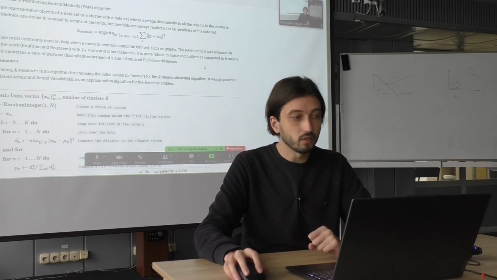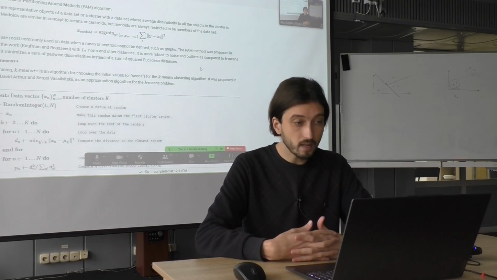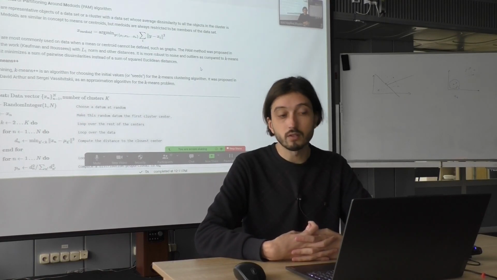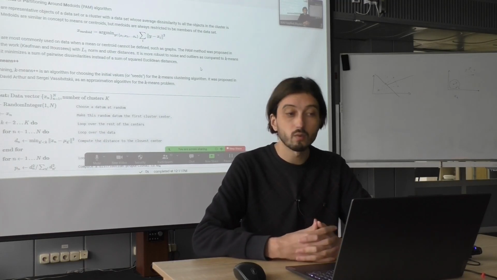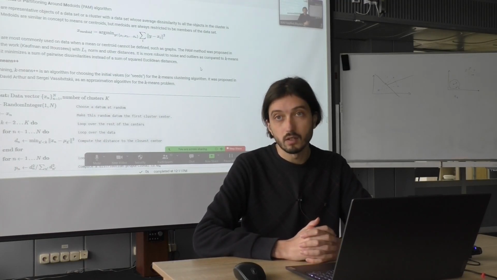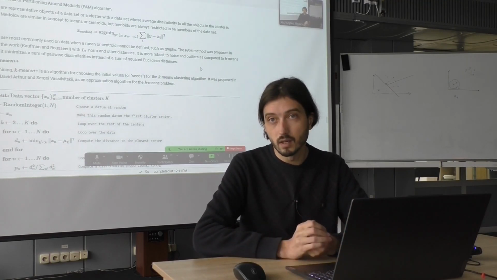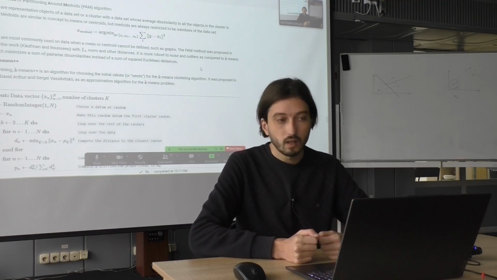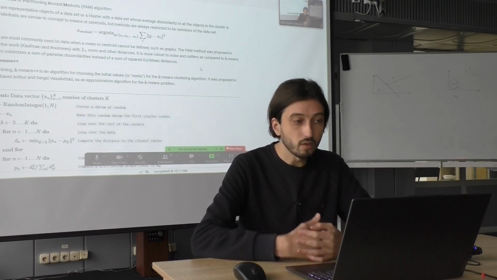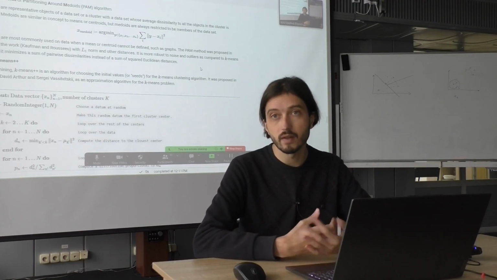And that's really good because they are quite commonly used on data when the mean or centroid cannot be defined. For example, if you are working with graphs. So if you are working with graphs, you have some sort of vertices. You can define distance between these vertices, but there is no meaningful value for the mean on the graph.